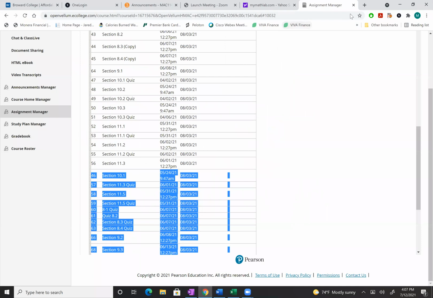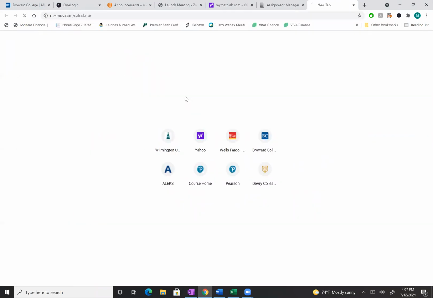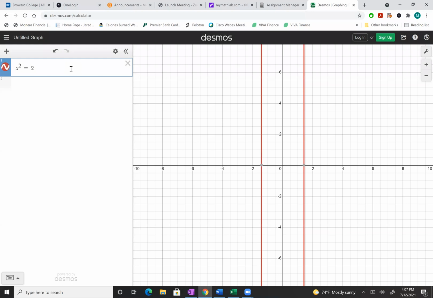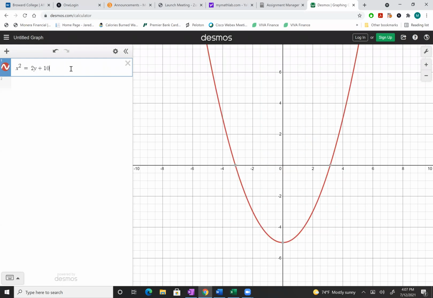So in Desmos, all right, so here's what I have. I have x squared. Let me take this off of capital because it doesn't like capital letters. So I have x squared is equal to 2y plus 10. I think it'll actually do it in that format. It does.